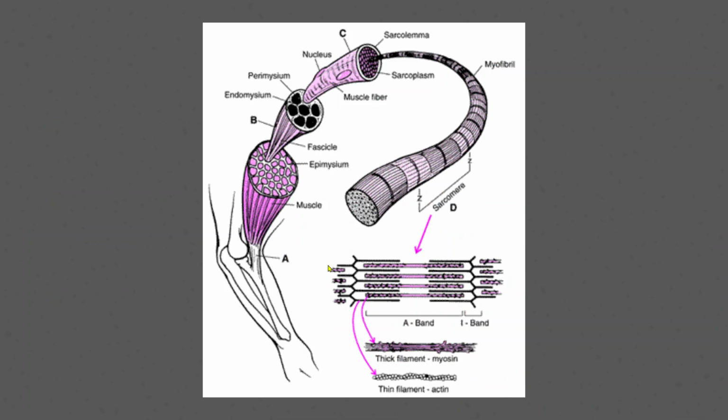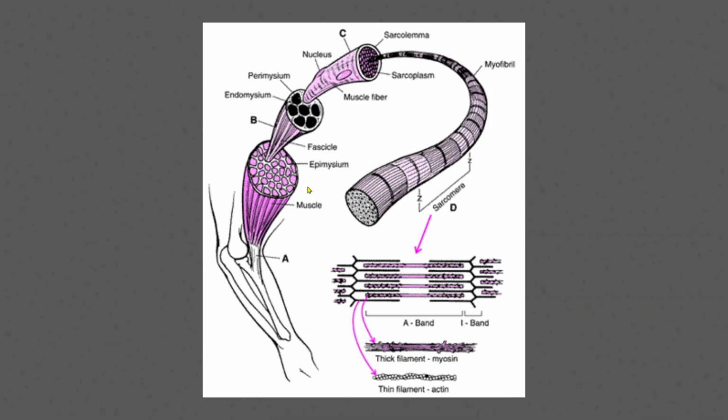Here's another view of it, going from the sarcomere to the myofibril, wrapped in the sarcolemma, which creates muscle fibers, which are wrapped up in the endomysium to create fascicles, which are covered in the perimysium, and then a bunch of muscle fascicles is wrapped up in the epimysium.